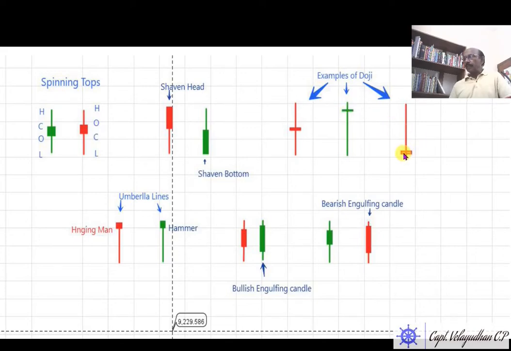The market opened here, might have made a small lower shadow and pulled back all the way up. Then the market came down again and closed very close by, which indicates a tug of war was going on. It went up here, and here the bears pulled the market back to their previous position, which indicates the small real body.